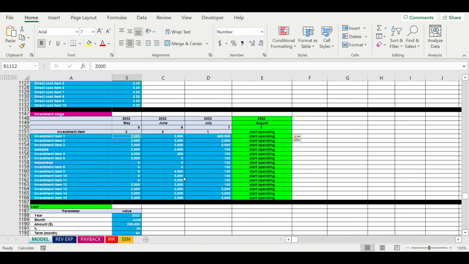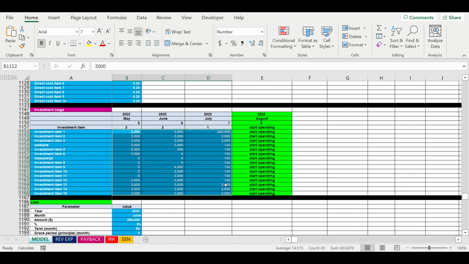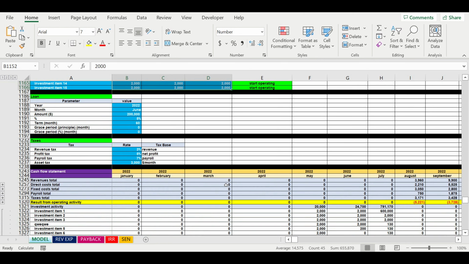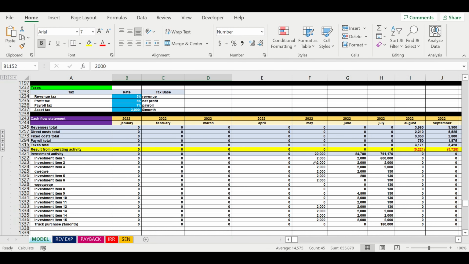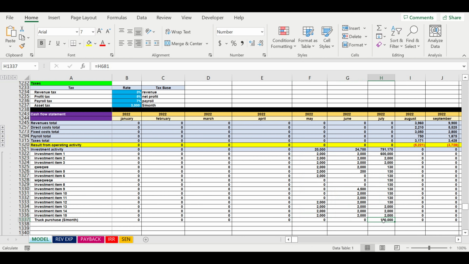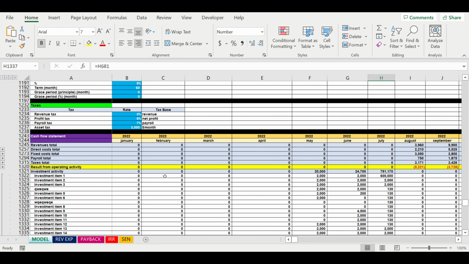Now we can see how these investment expenses have moved a little bit earlier because we start from August, and the purchase of a new truck is displaced to July, before we start operating activity. So we don't have to retype a huge amount of data. We will avoid tons of mistakes.